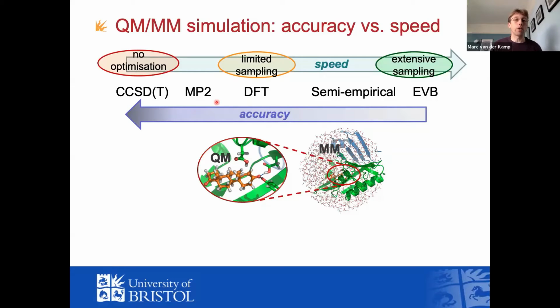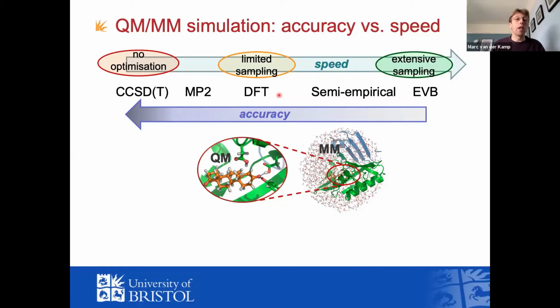It will come at the cost of speed and, depending on the method, also memory, but speed is the most important one.